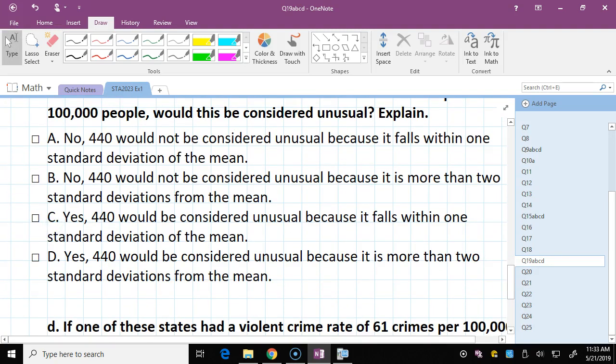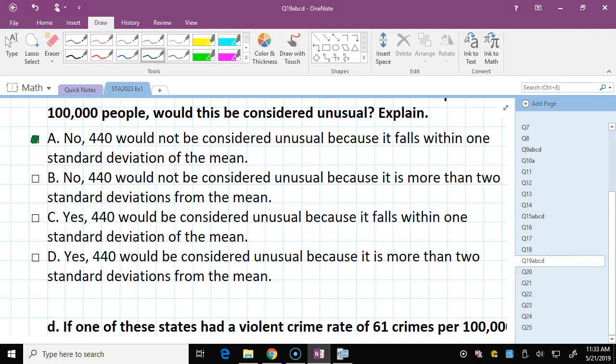Usually when we talk about unusual, you're beyond two standard deviations. So this would be a no. 444 would not be considered unusual because it falls within one standard deviation. So it's definitely got to be A. The other one says it's more than two standard deviations away, and we just said that it wasn't.